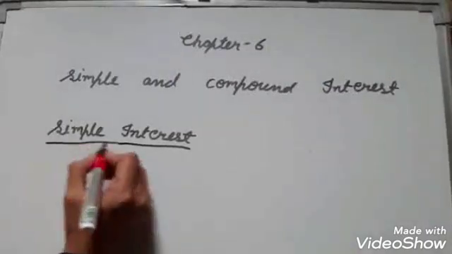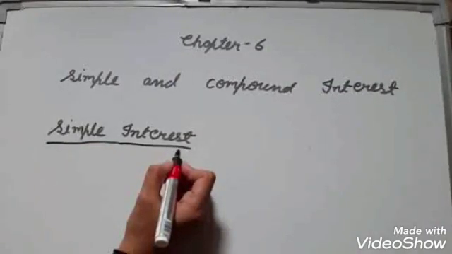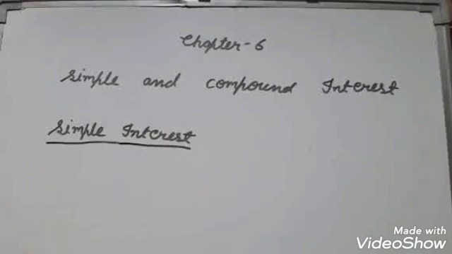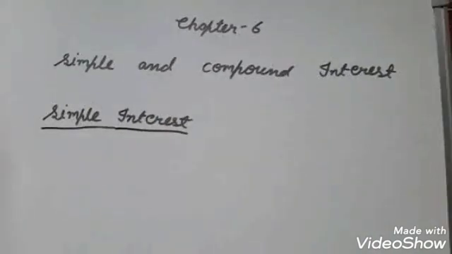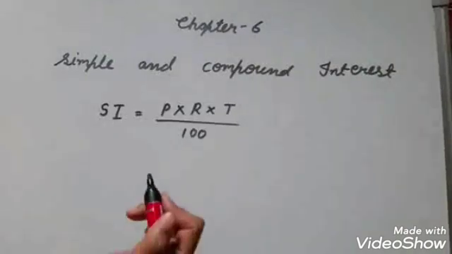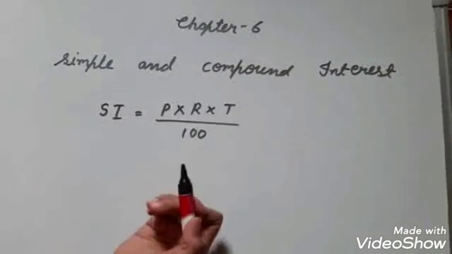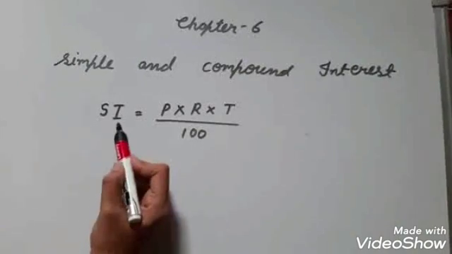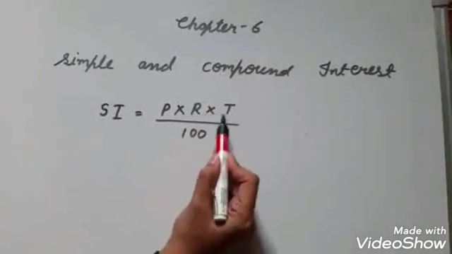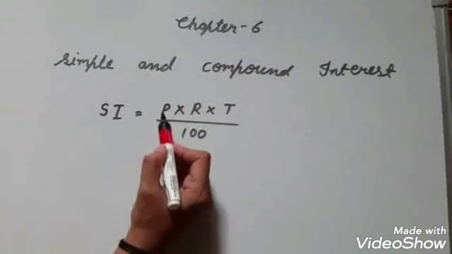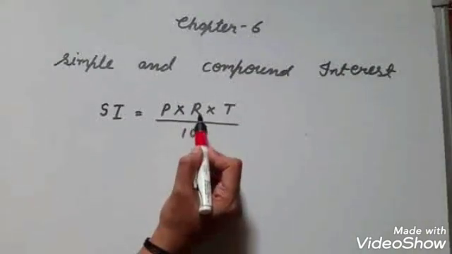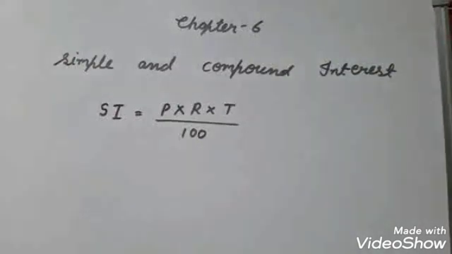This simple interest is determined by multiplying the daily interest rate by the principal by the number of days. We have one formula for making the calculation simple, and the formula of simple interest is P into R into T upon 100, where P is principal, R is rate of interest, and T is time.